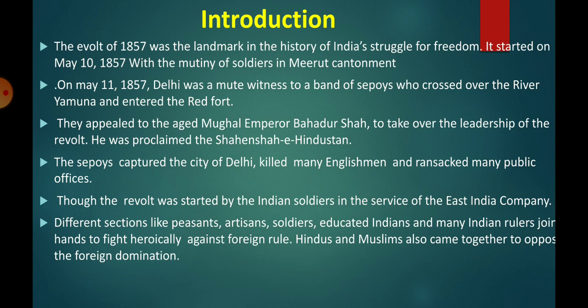The soldiers who marched from Meerut cantonment and reached Delhi, entered the Red Fort and appealed to the Mughal Emperor Bahadur Shah Zafar II to take the leadership. Bahadur Shah Zafar II was proclaimed the Shahenshah-e-Hindustan.